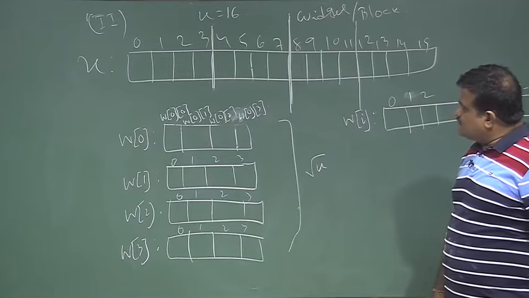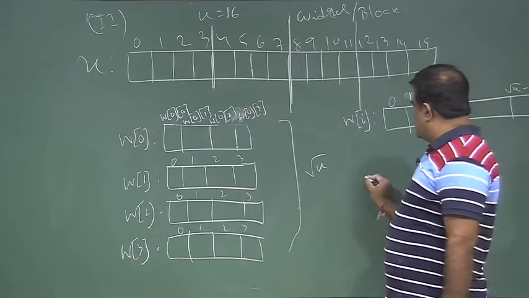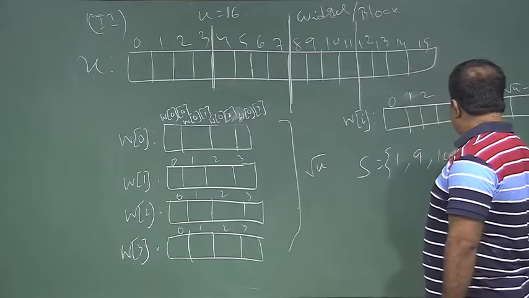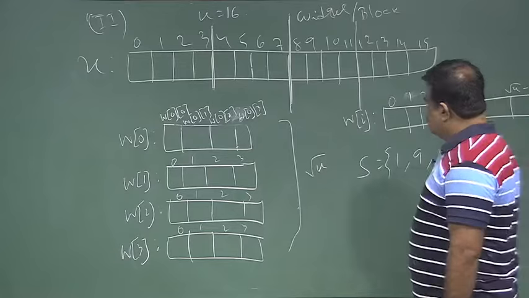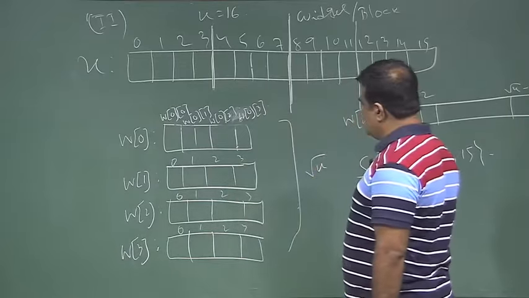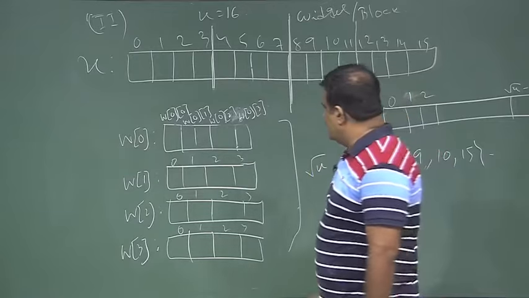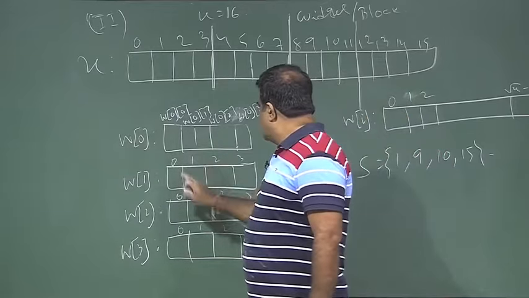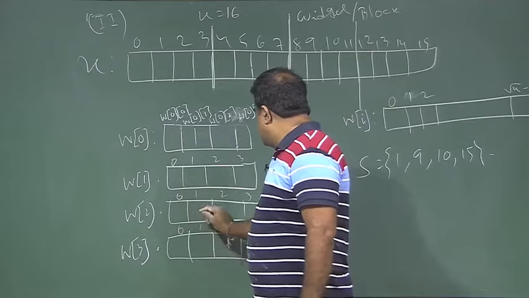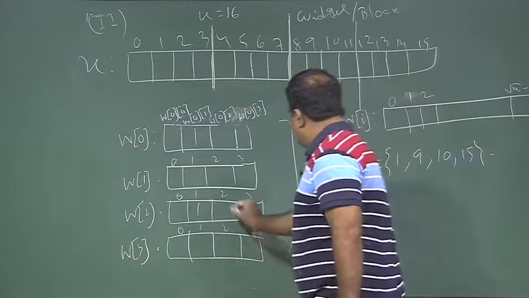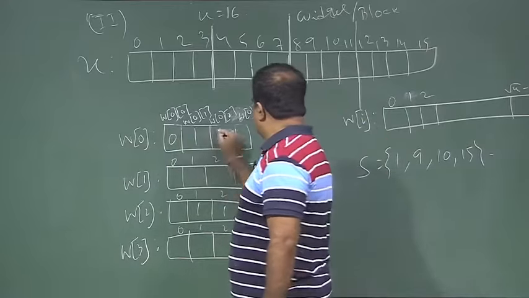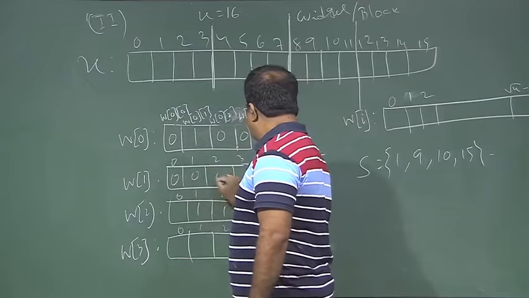Okay, so now suppose our S is 1, 9, 10, 15. So, this is basically 1, and 9 is, counting 0, 1, 2, 3, 4, 5, 6, 7, 8, 9, and 10, and this is 15, and the remaining are 0.